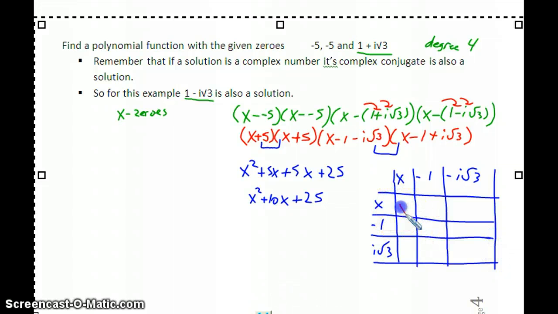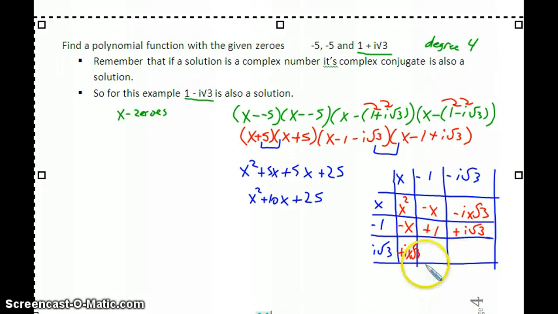So multiplying here, we get x squared minus x minus i x square root of 3 minus x plus 1 plus i square root of 3 plus ix square root of 3.